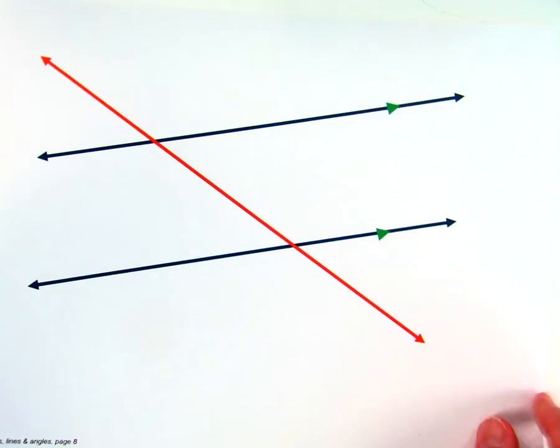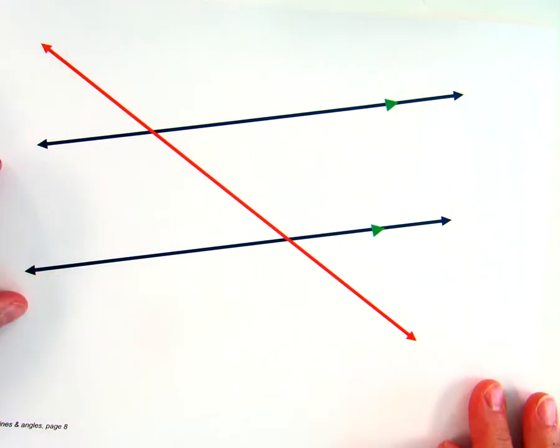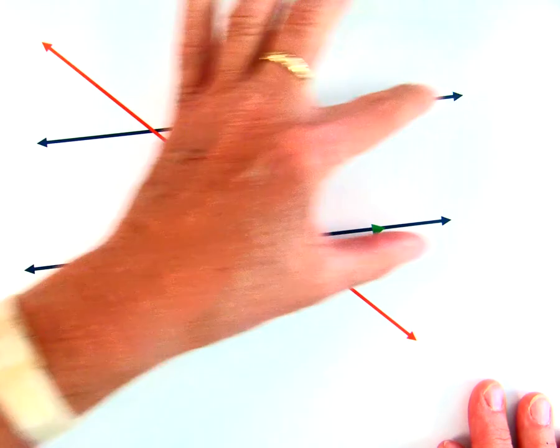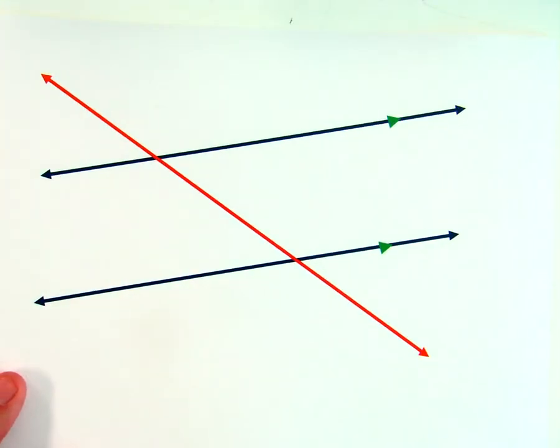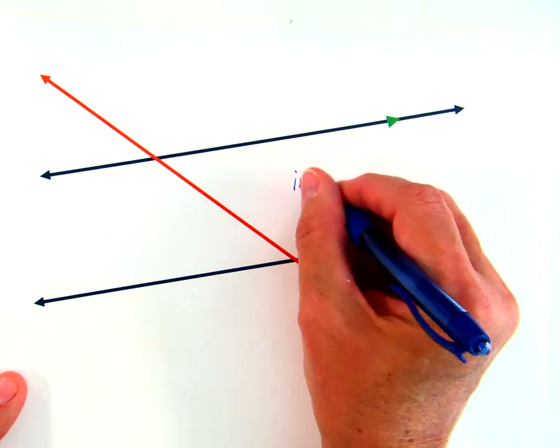So here's the same lines. Two ways we'll talk about it. One way is relative to the two lines that might be parallel. These happen to be parallel, but they're not necessarily parallel. Between them, inside, we're going to call interior.